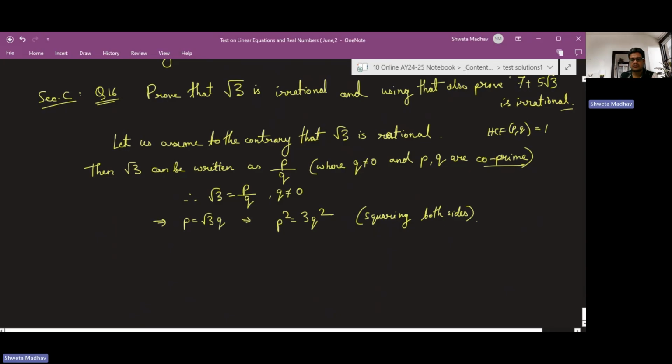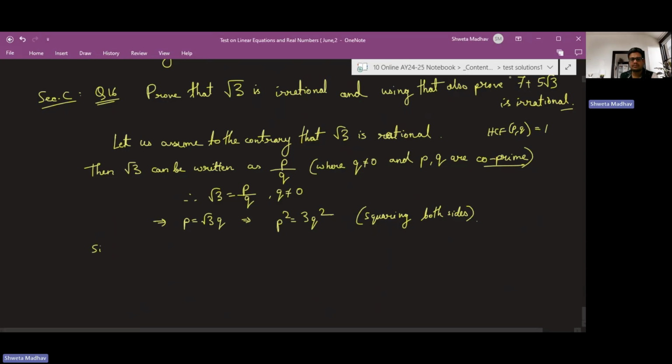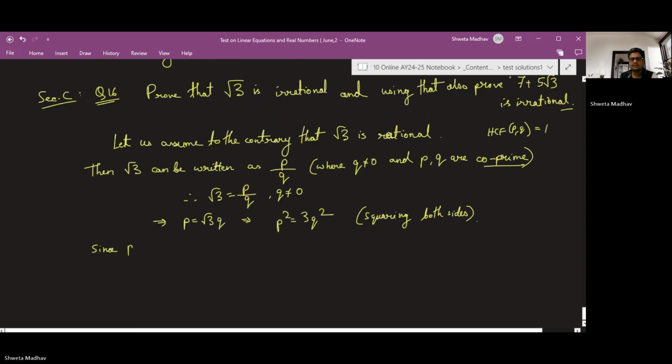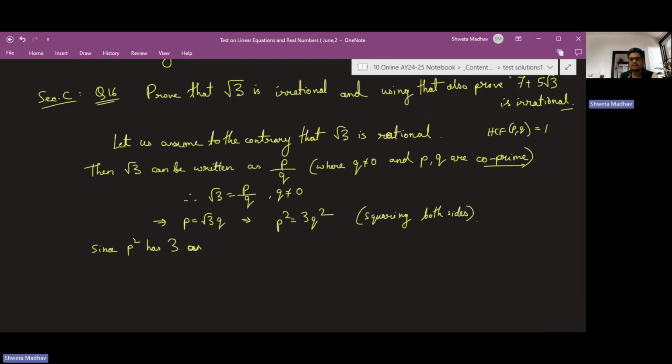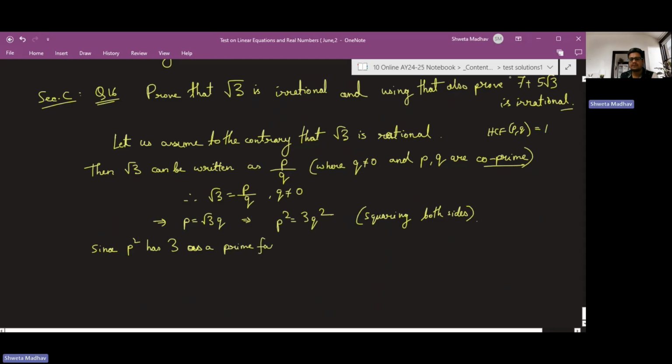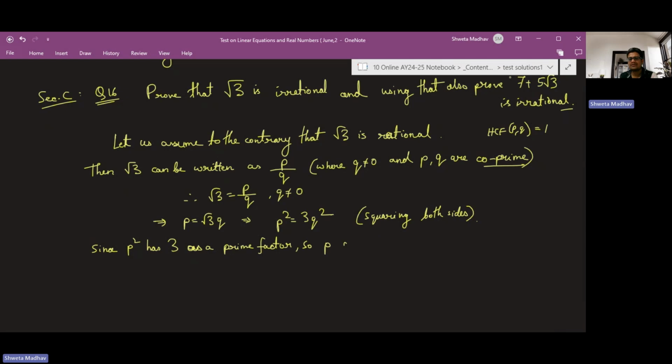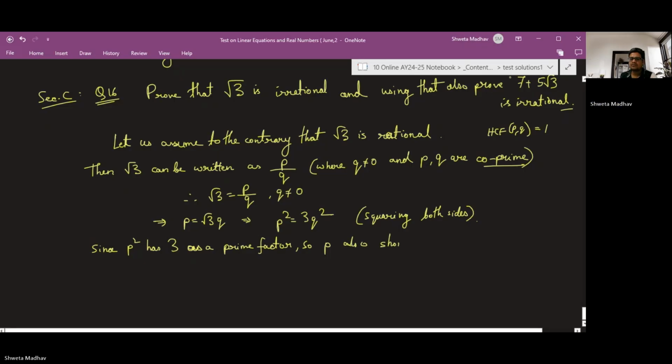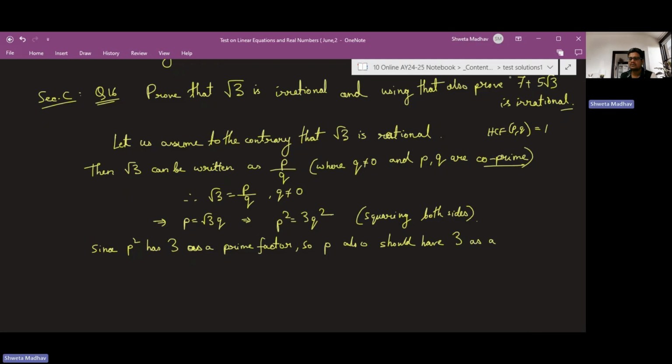So here you can see that since p square has 3 as a prime factor, p also will have 3 as a prime factor. So p also should have 3 as a prime factor.